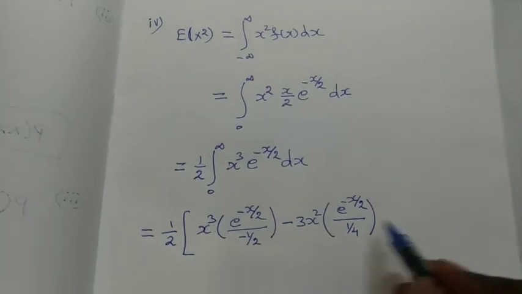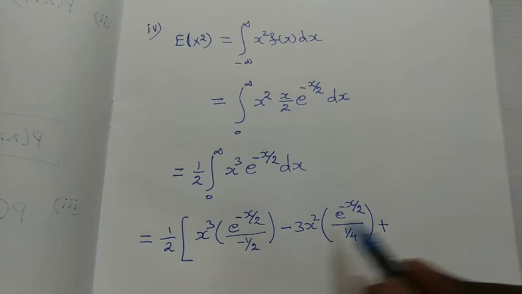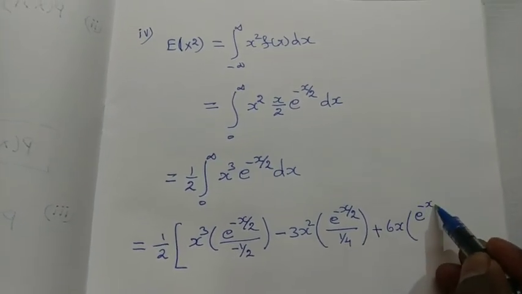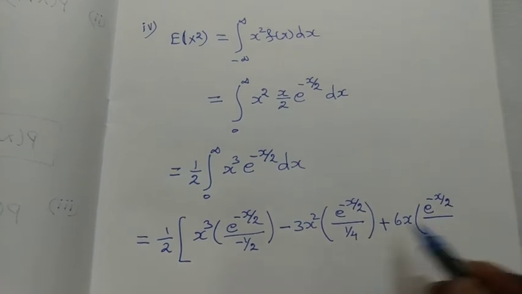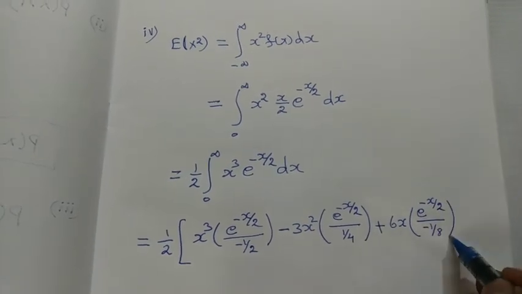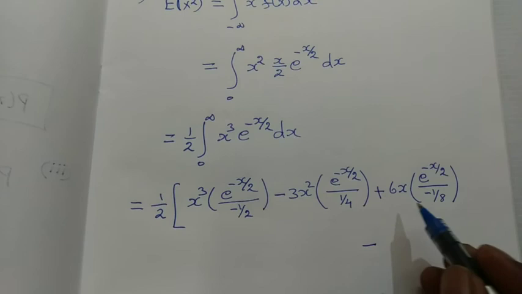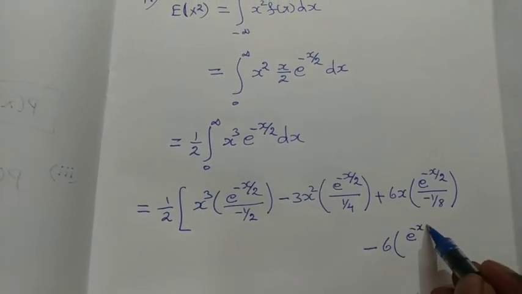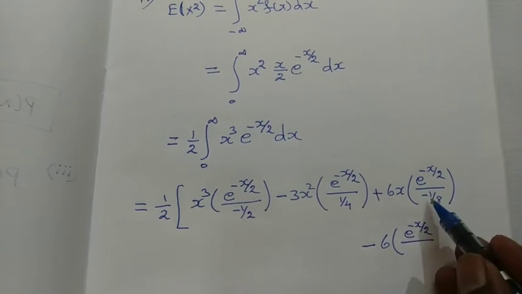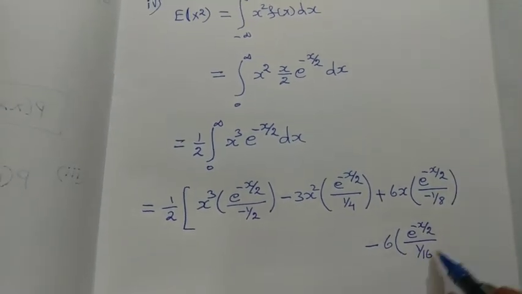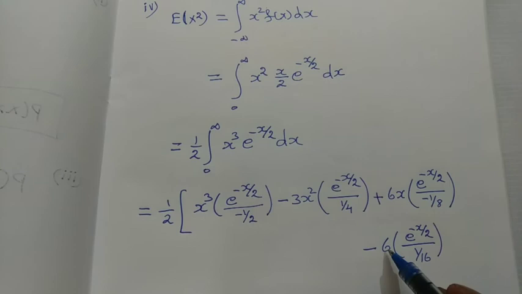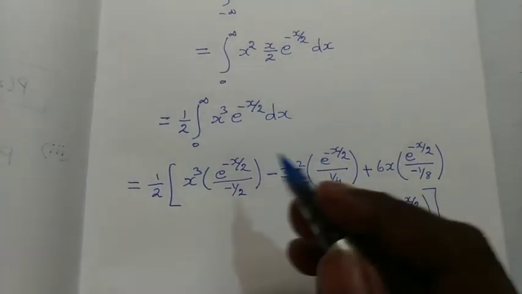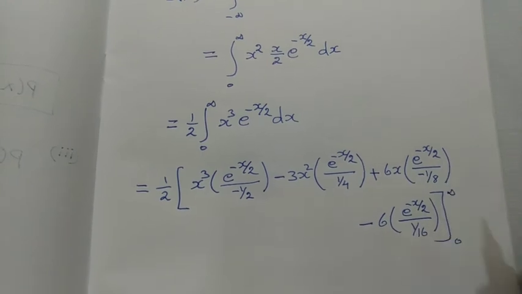Next positive. Differential of this is 6x. Integration of this is e power minus x by 2 by minus 1 by 2, here minus 1 by 8. Next minus, differential of 6x is 6. Integration of this is e power minus x by 2 by coefficient of minus 2, minus minus plus 1 by 16. The next differential is 0, so we can stop. This is Bernoulli's method. The limit is 0 to infinity.